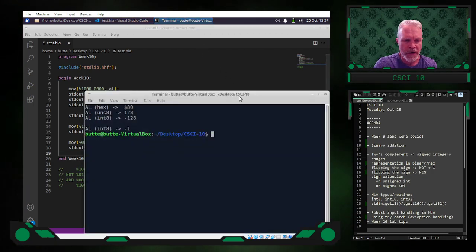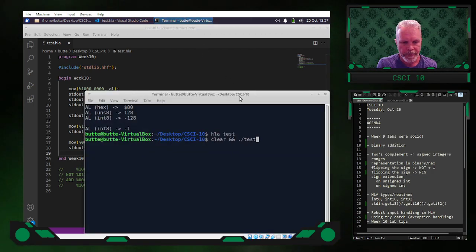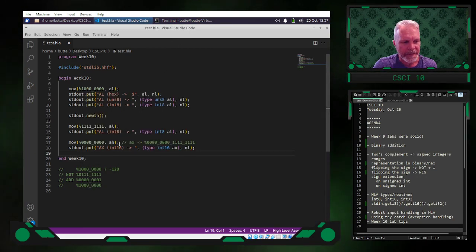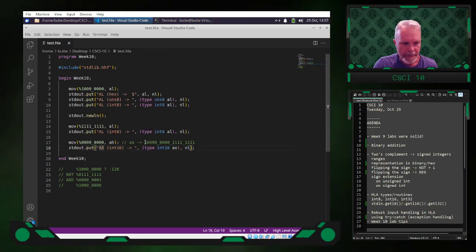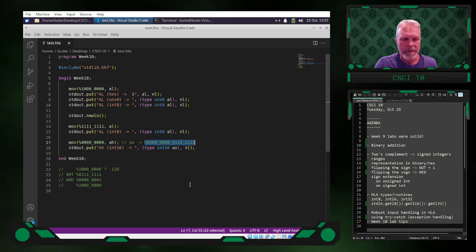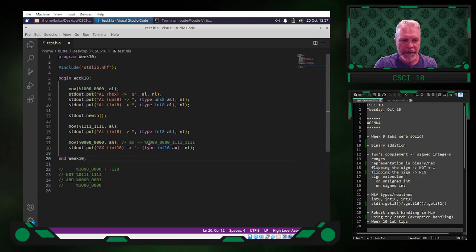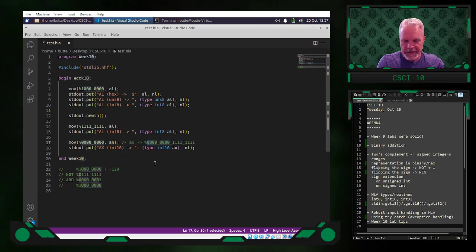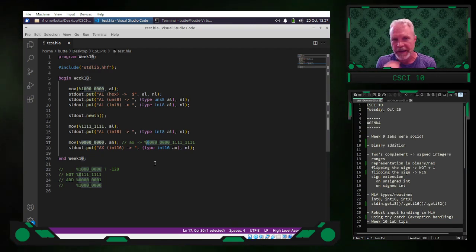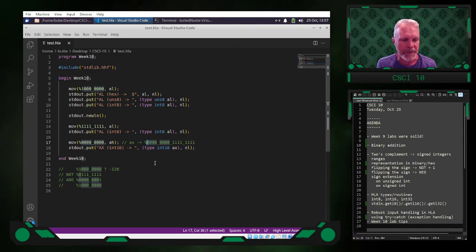The answer is going to be no, by the way. It's 255. Well, why is that? Because this value in two's complement is a positive value, because the high order bit, if we're considering 16 bits, is a 0 all over again, which means that the whole thing is going to be interpreted as a positive number.